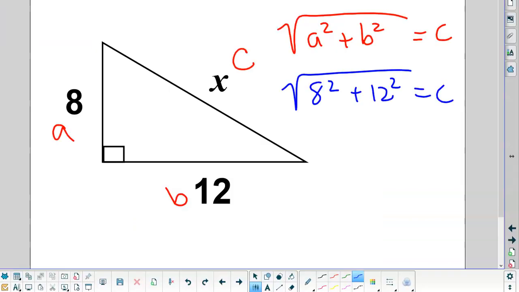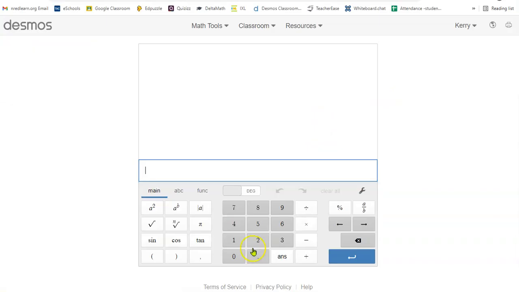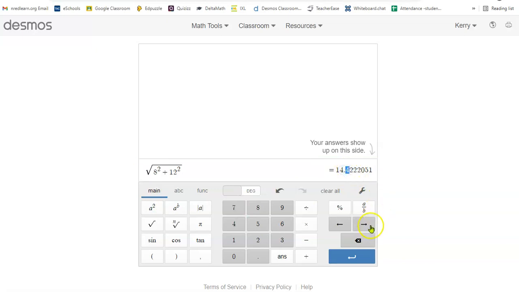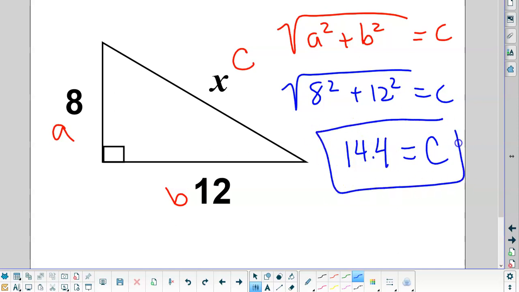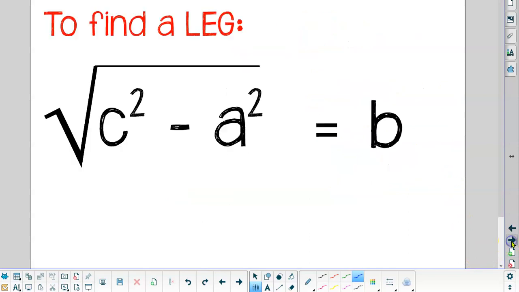So look at your numbers, 8 squared plus 12 squared. So square root of 8 squared plus 12 squared. And if you get a decimal, you round to the nearest tenth. So 14.4. So the value of the hypotenuse is 14.4, and you're done. You don't need to manipulate the equation or solve it piece by piece because we manipulated the formula. So that's how you find a missing hypotenuse.